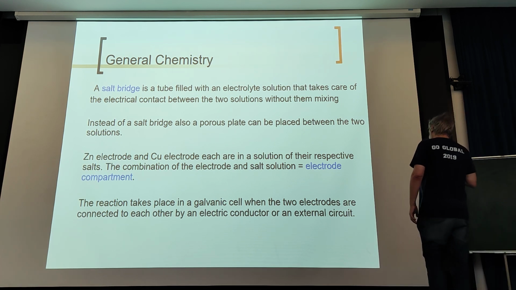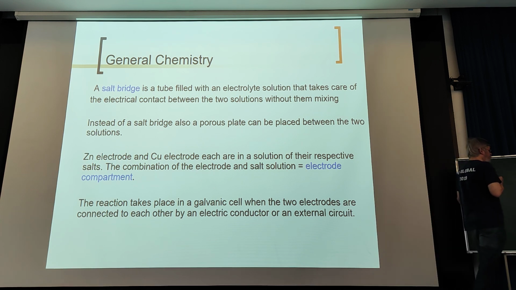And so by connecting it up and having the possibility of a flow, indeed, that's what will happen spontaneously. And this will happen until we still have electrons to give away from the zinc to the copper. That means there's still zinc present, and there's still copper 2 plus at the other end that can be reduced.